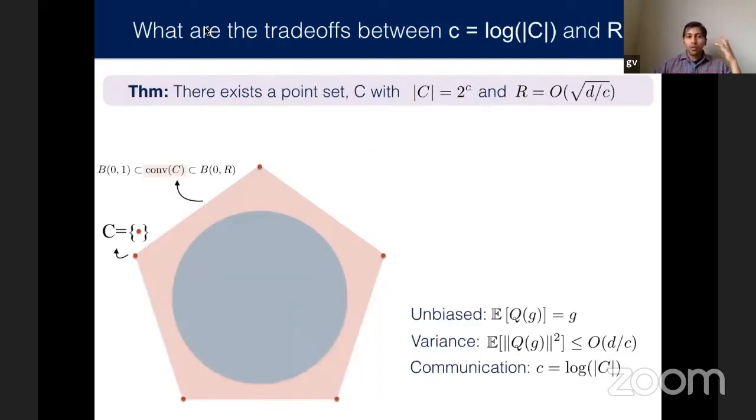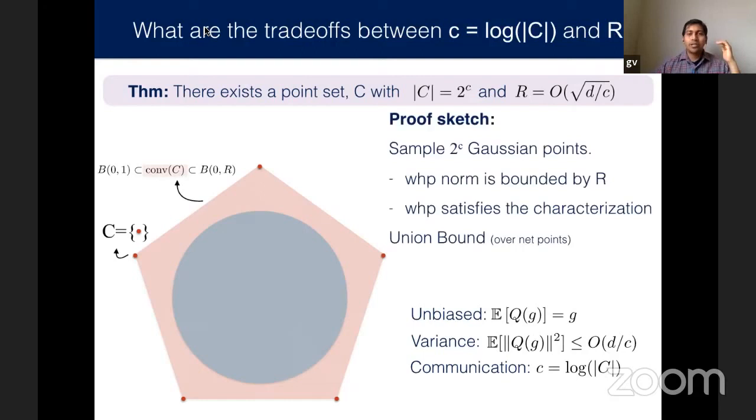Okay, so we show that there always exists a point set of cardinality 2 to the little c, such that the variance is about d over c. And the proof is pretty simple. Essentially, what we do is we sample a large number of Gaussian points. By Gaussian points, I mean I sample 2 to the c points where every point is sampled using IID Gaussian coordinates with a certain variance.